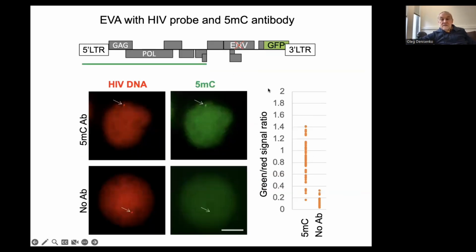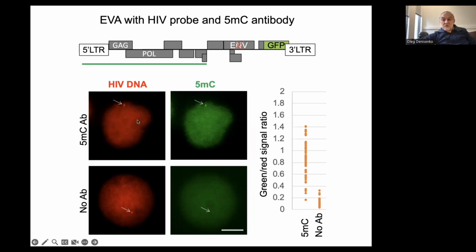So we tested this design in the model system in human cells that contain one copy of HIV provirus, and the probe contains, in this case, 20 oligos to the 5' end of the viral genome.